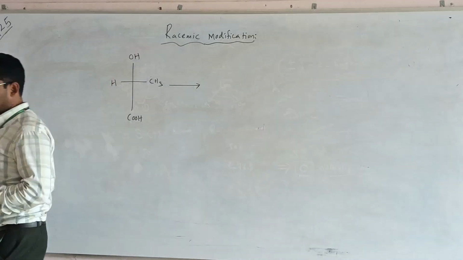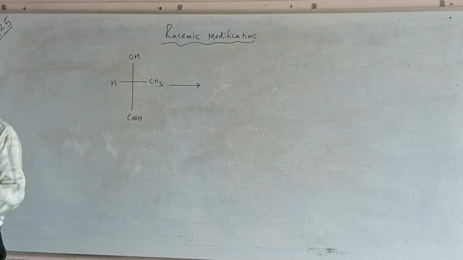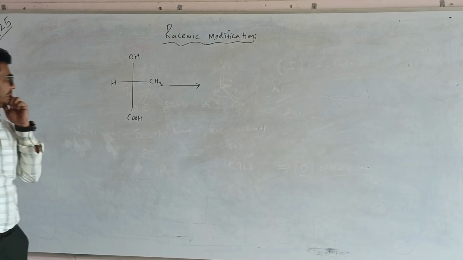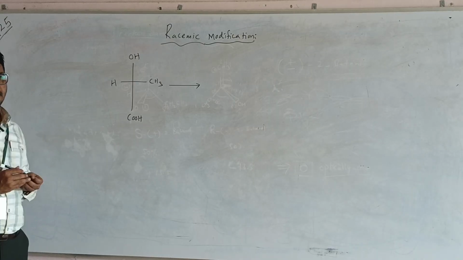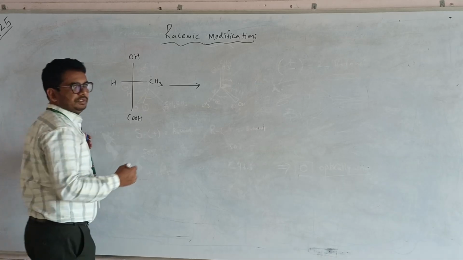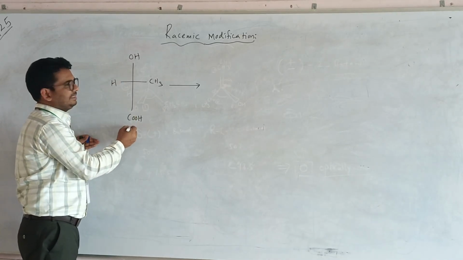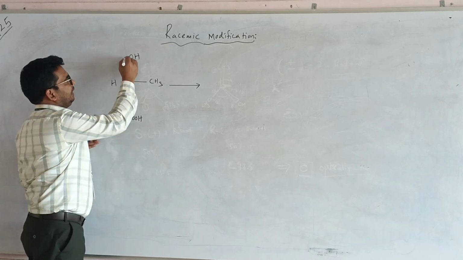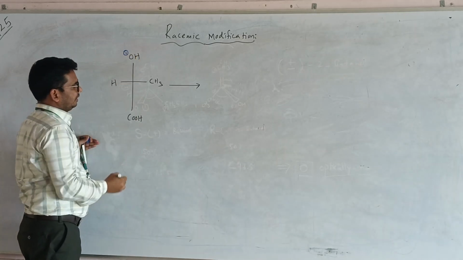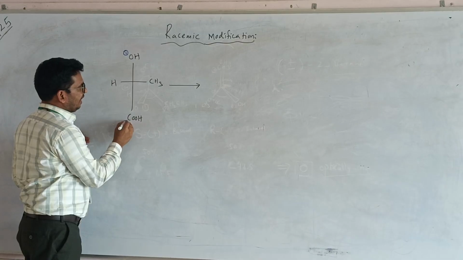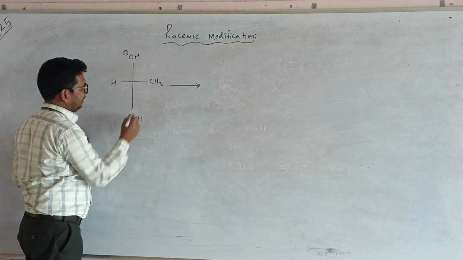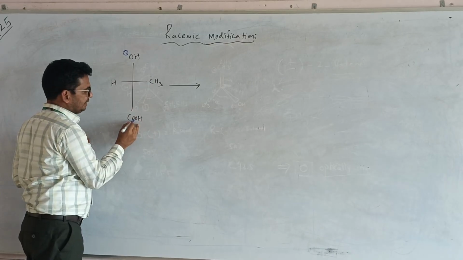Just see here, this is lactic acid. What type of lactic acid is this, R or S? Which is the higher priority in this case? OH, oxygen. Here oxygen is there, that is 1. Then this will be 2, because here carbon, then oxygen, here only carbon. After carbon, oxygen is there.